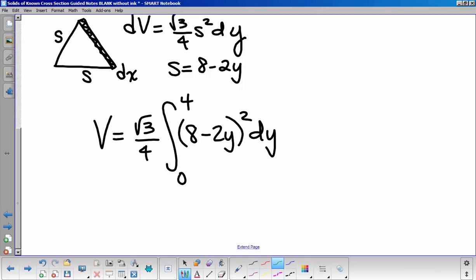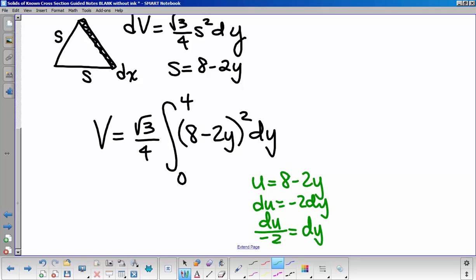So we can let u equal 8 minus 2y, du equals negative 2 dy, du over negative 2 equals dy. So I'm going to be integrating negative 1/2 the integral of u squared du, right?